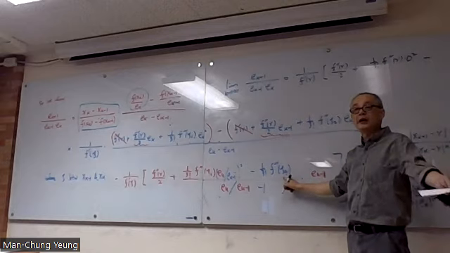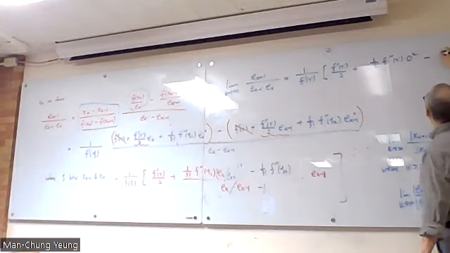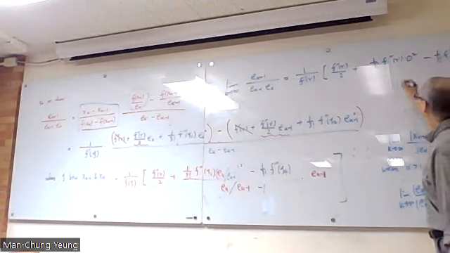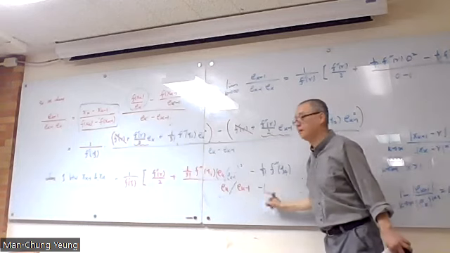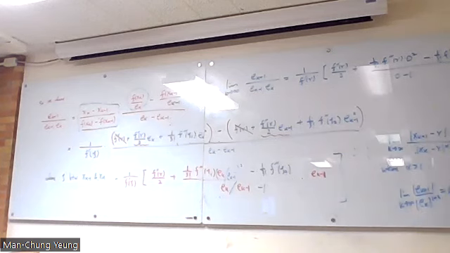Minus. How about this term? Xi_2 is between x_{k-1} and r. So f triple prime r over 0 minus 1. How about here? 0 times 0.